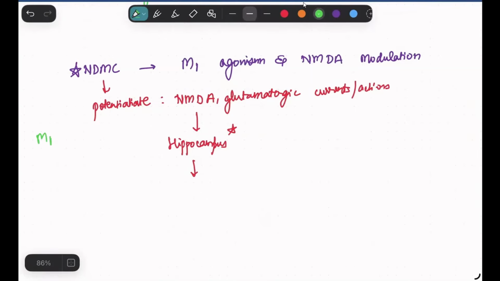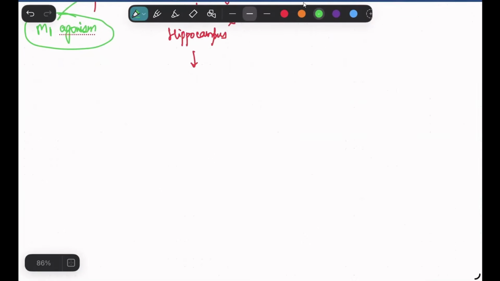The M1 agonism of the NDMC potentiates the NMDA actions, especially in the hippocampus. And what does this potentiation, as well as the M1 agonism, do? It improves two things. What will it be improving?